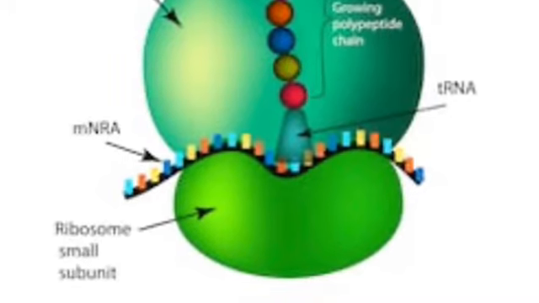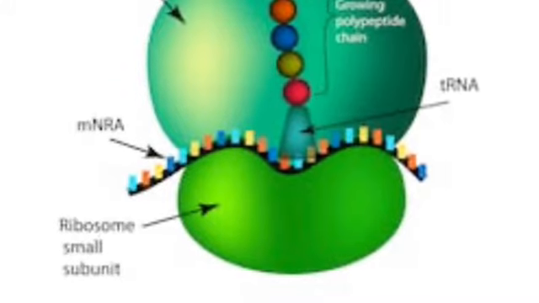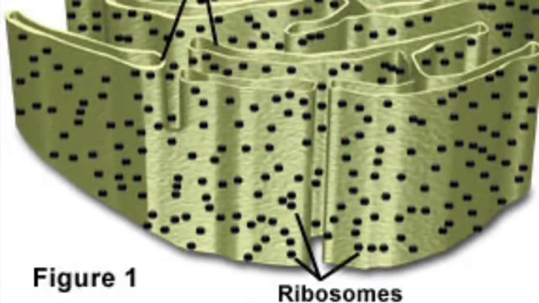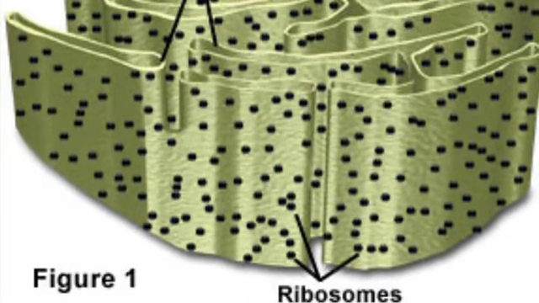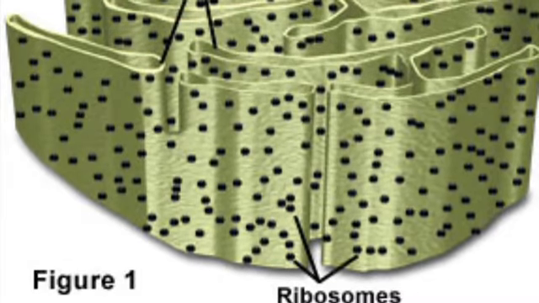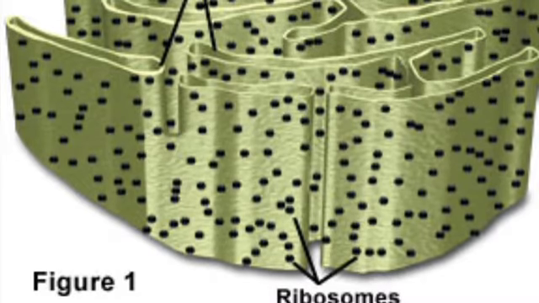You have two types. You have ribosomes that are free throughout the cytoplasm of the cell, and you have some ribosomes that are attached to another type of organelle called rough ER, or rough endoplasmic reticulum.